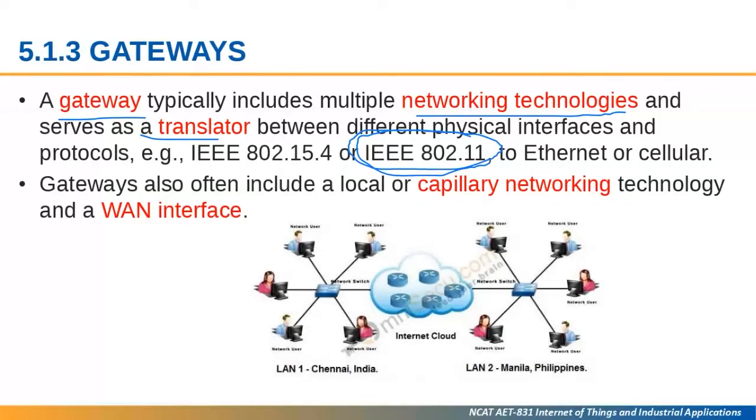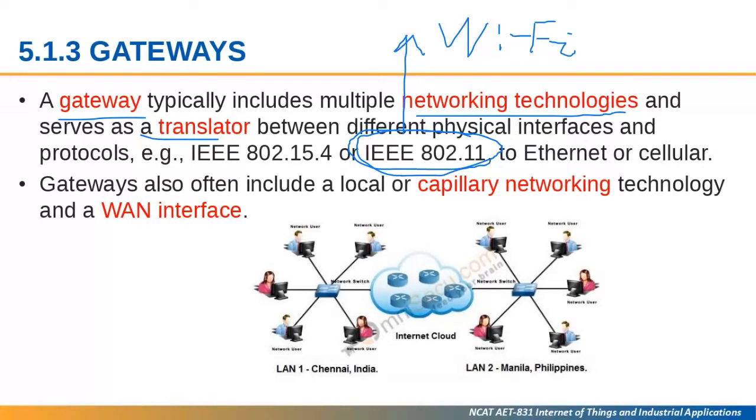You may not know what it is, right? But if I tell you its common name, you will definitely know it. Basically it is Wi-Fi. For Wi-Fi and for Bluetooth, basically they have standards. So the IEEE 802.11 here is the standard for Wi-Fi.